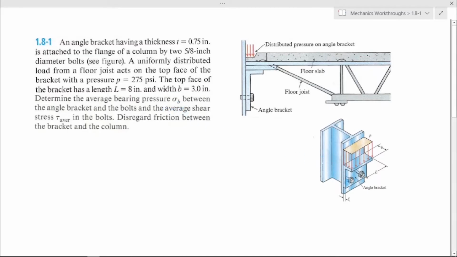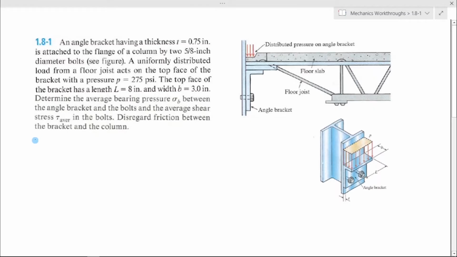and we are asked to find the bearing pressure between the bolt and the bracket, and that'll be the contact surface where the bracket and the bolt are touching each other, mostly on the top of the bolt since the bracket is pressing down on it. And then we're also finding the shear stress, which acts over the cross section of the bolt.